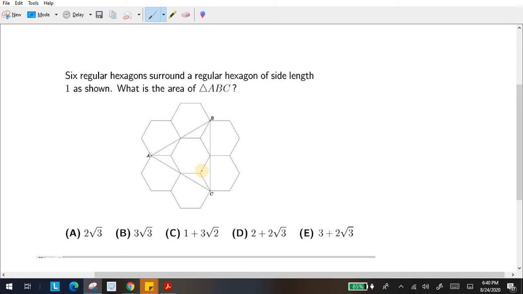So the long side is going to be 1, and the short side is going to be 1 over 2.